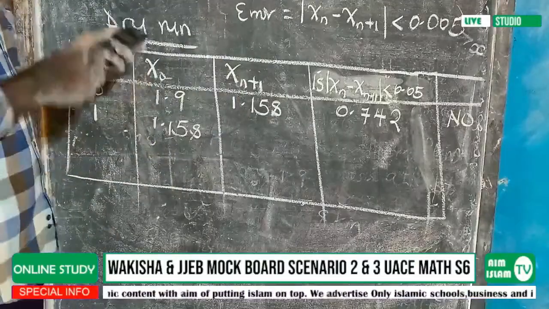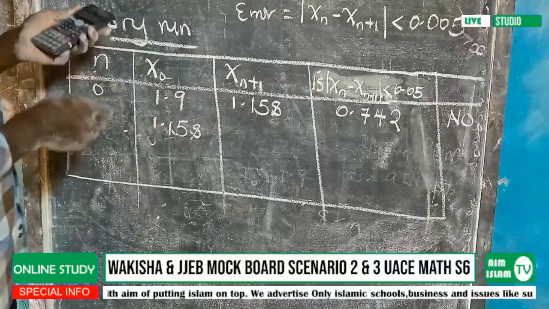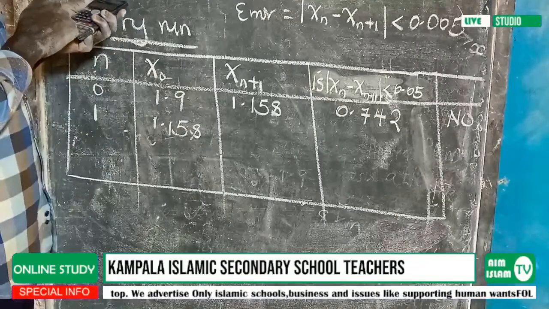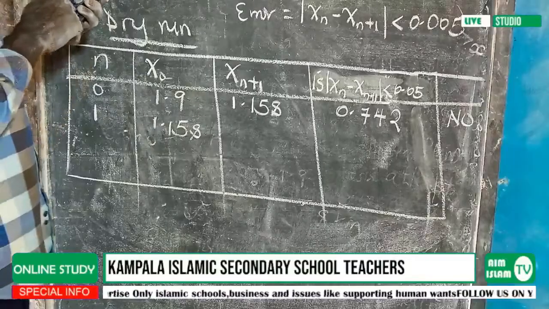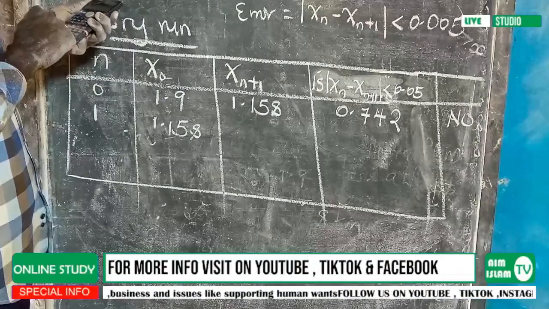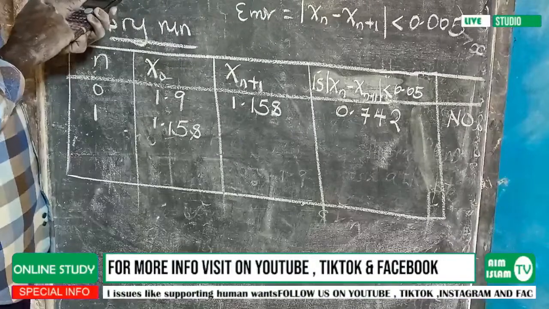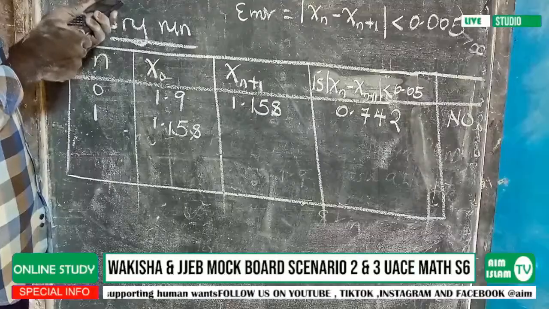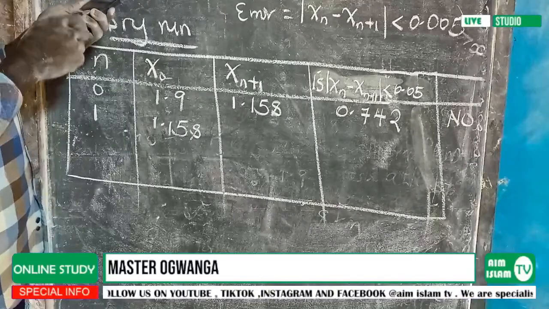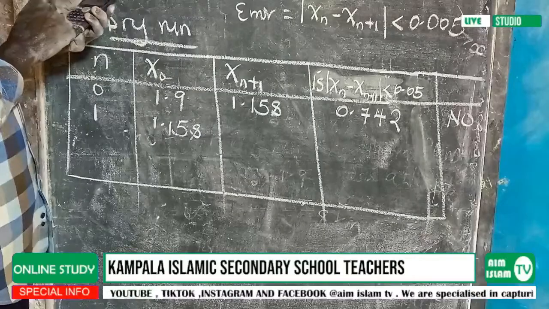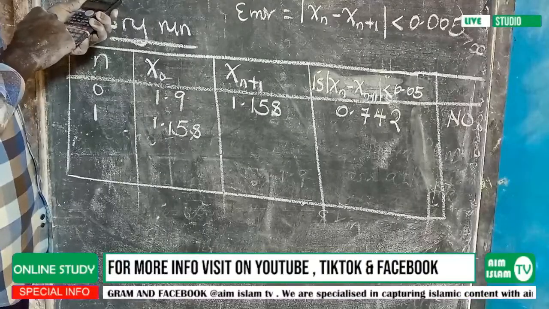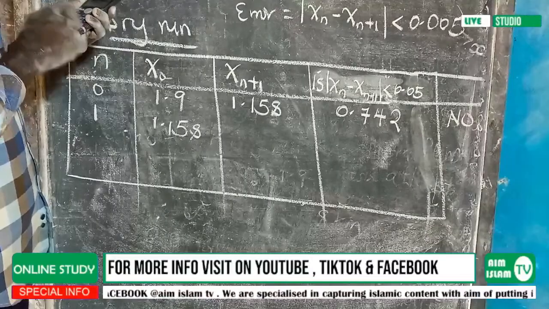So what can we do? I am going to use now 1.158, which is negative of exponential 1.158 sine of 1.158 plus the exponential 1.158 cos 1.158, then times 1.158 minus the exponential of 1.158 cos of 1.158 minus 1.